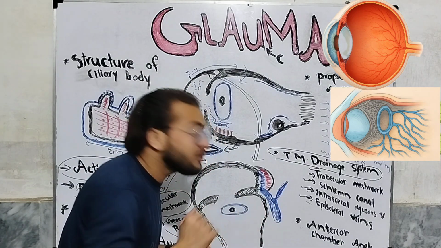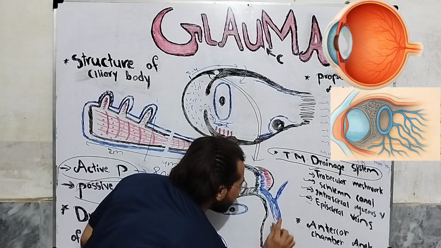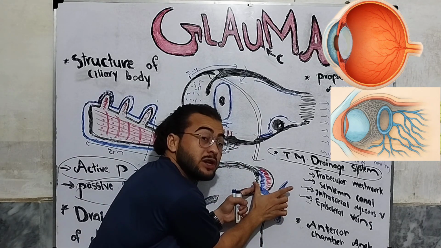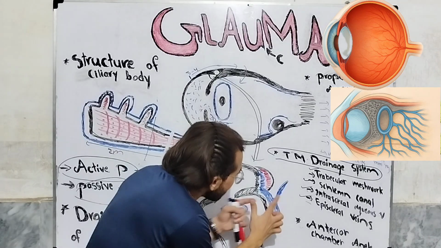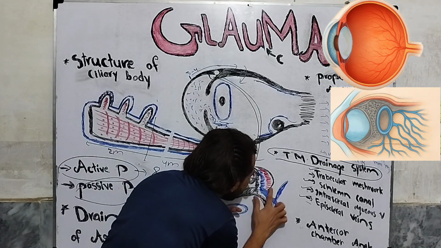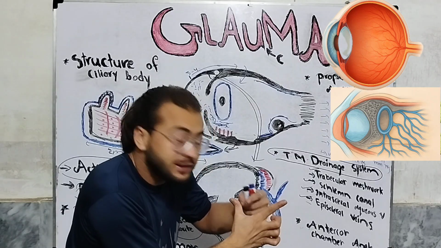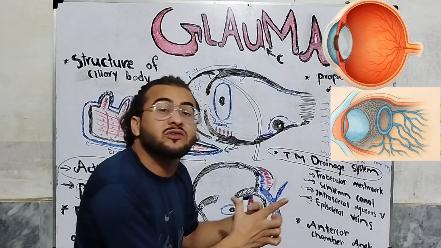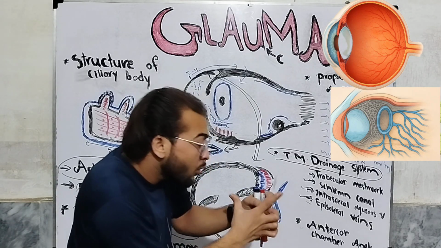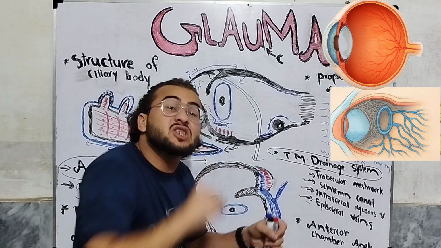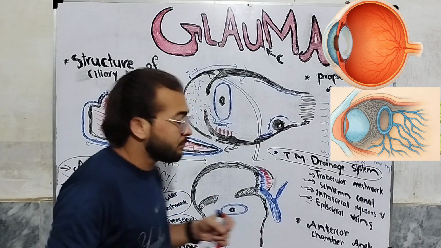As I told you, when the sclera comes right like this, it forms a projection into the anterior chamber. This projection is also associated with the formation of a groove. There will be a groove-like structure in the sclera, extending around the entire 360 degrees of the anterior chamber angle.